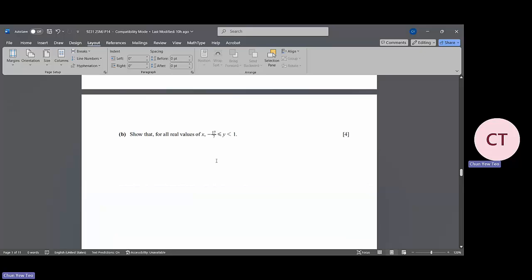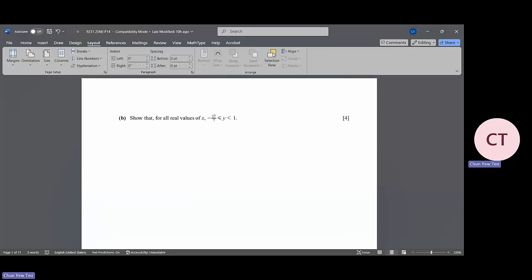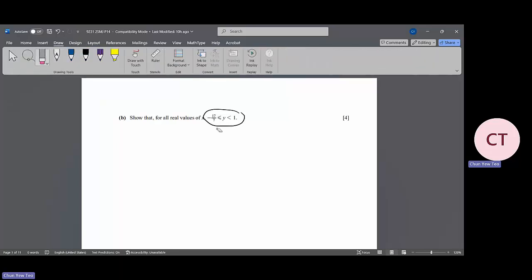Move on to 7B. We want to show that y is between negative 17 over 7 and 1, including negative 17 over 7 but not including 1. What you need to do is bring the denominator to the left-hand side, and make it x squared plus x minus 4.